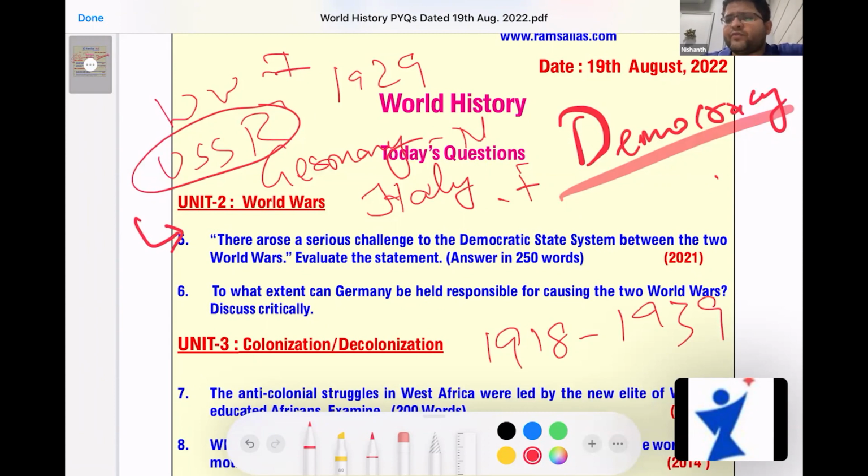And the failure of the League of Nations, which was again headed by democratic countries. So the failure of the League of Nations is also a threat to the democratic state systems. The continuation of imperialism by countries like the UK, France, and others, where they were still focusing on the colonies, is a threat to the democratic state system.